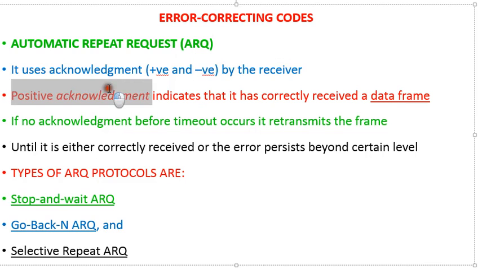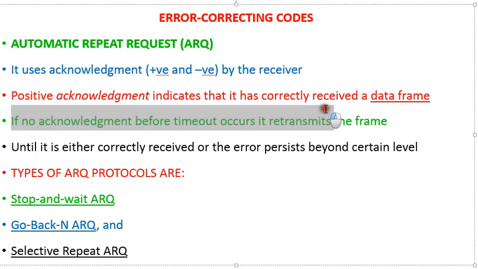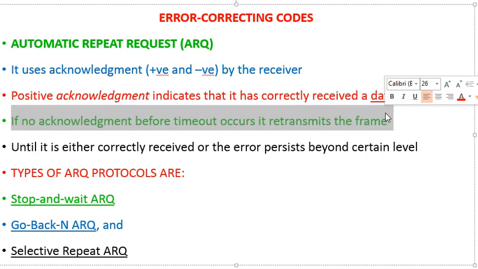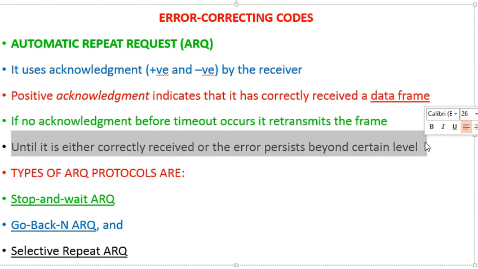The positive acknowledgement indicates that the data frame received is correct. But if there is no acknowledgement before the time is out, the transmitter will send the data again, because it knows that there is a problem, and it will keep on sending as long as there is no acknowledgement until it goes beyond some set limit.